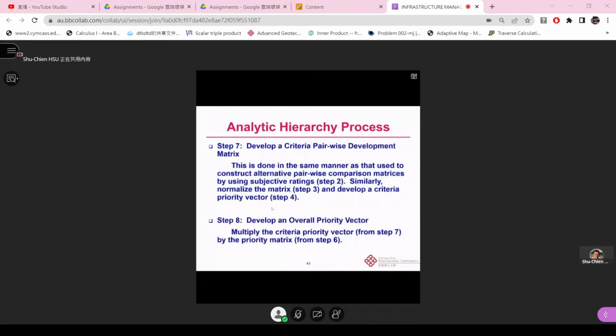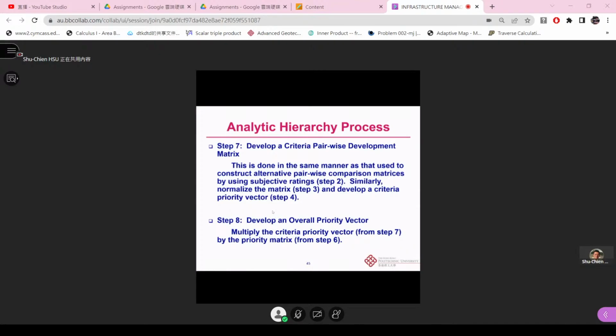So we can further develop a criteria pairwise comparison matrix, and this is done in the same manner as used to construct the alternative pairwise comparison matrix, using the subjective ratings in step 2 and similarly normalizing the matrix in step 3.